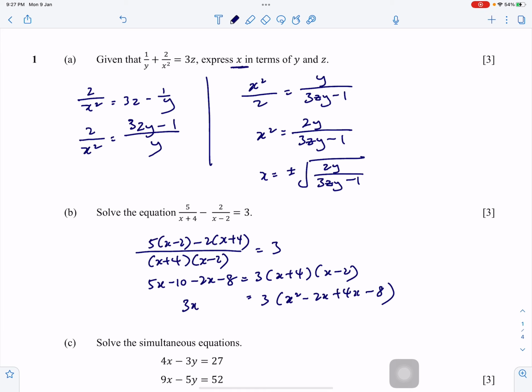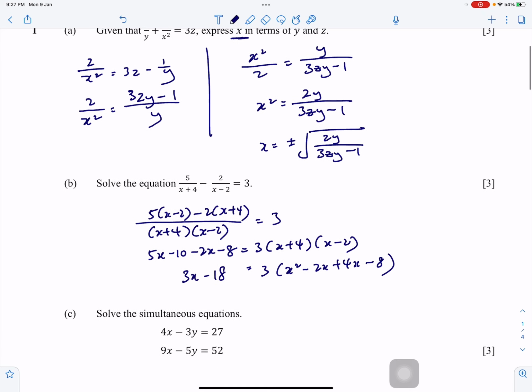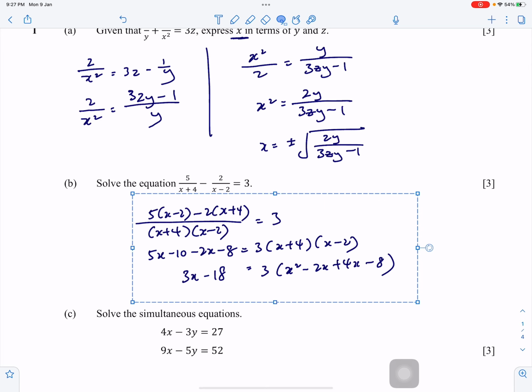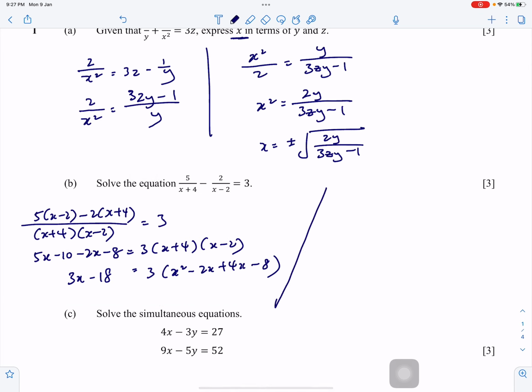Should be quite easy, isn't it? Let me bring this to the other side first. Plus 6x minus 8. 18x. Plus minus 6.